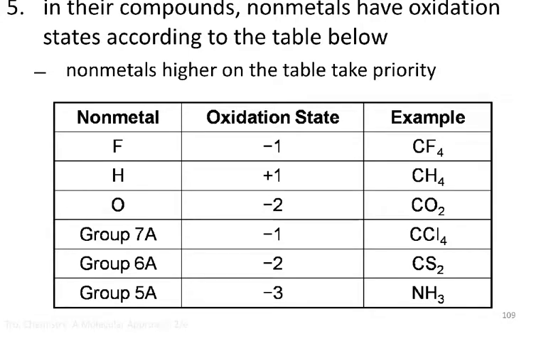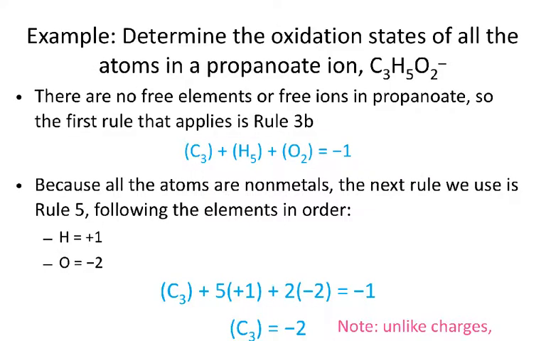Group 6A, so that's the group under oxygen, -2. And then group 5A is -3. Notice carbon doesn't fit in any of those categories. So for carbon, you always have to assign everything else in the compound and then do the math to figure out what is left over for the carbon. Because remember, there was a rule farther up about it needing to add up to 0.